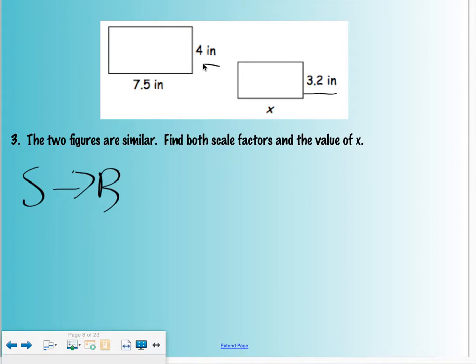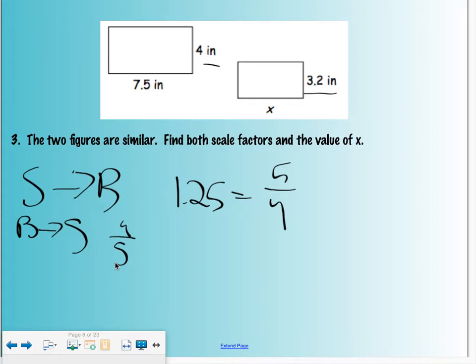Okay, so 1.25 is correct, or I like to write it as fractions just because it's easier to flip around for the next one. So 1.25 is equivalent to 5 over 4, and then we know that big to small is what? 4/5. Okay. So given that, can somebody tell us the value of x?